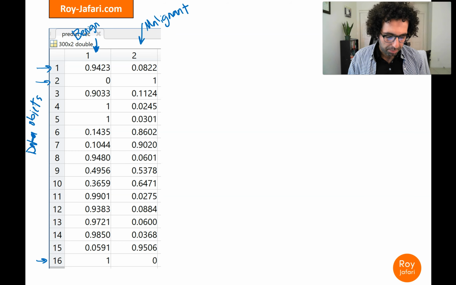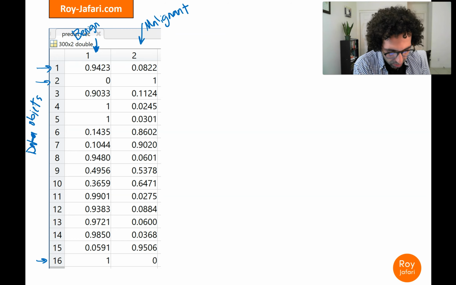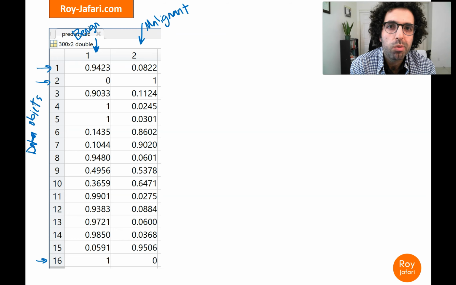There are very simple approaches here. One of the approaches is to say, let me just use 0.5 as a cutoff. If the probability is larger than 0.5, I just decide that it's going to be malignant, right? And 0.5 is when you want to perhaps maximize your accuracy.